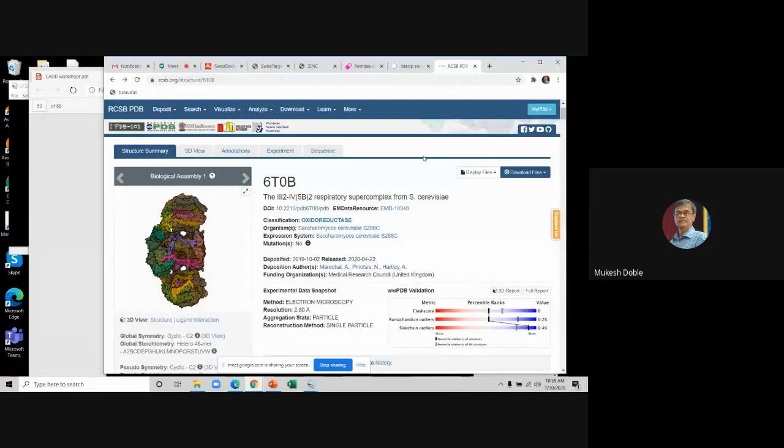All publications, all the information is given. So you can read them and see whether it matches with the research which you are planning to do. So you must always keep that in mind. The research which you are doing, either on a particular species or disease related, you should match with that particular PDB protein or UniProt protein.